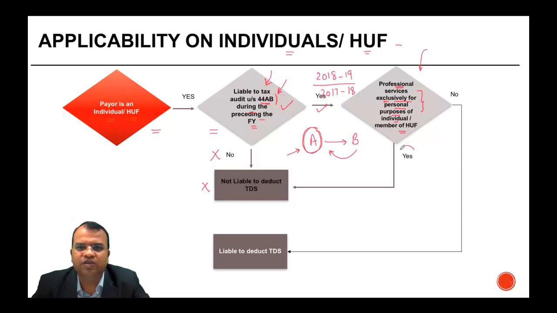If they are exclusively for personal purposes, again there is no liability to deduct TDS. But if they are not exclusively for personal purposes, then the TDS has to be deducted. In other words, TDS has to be deducted when there is a requirement of tax audit in the last preceding year, plus it is not exclusively for personal purposes.